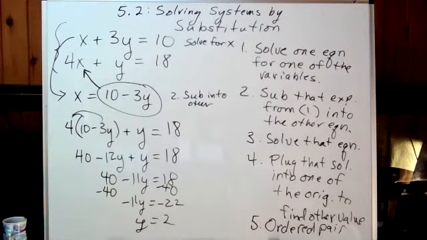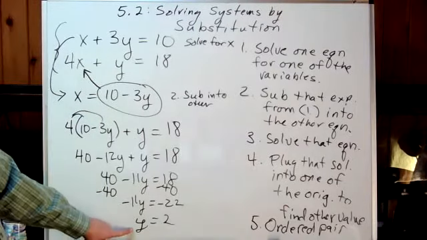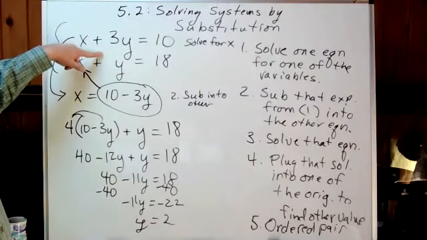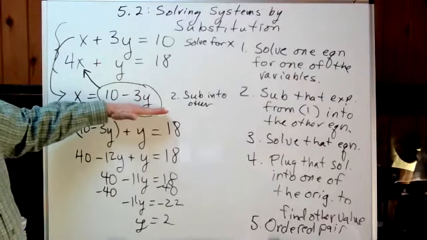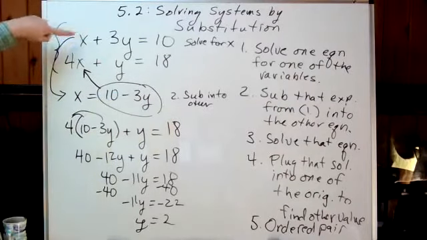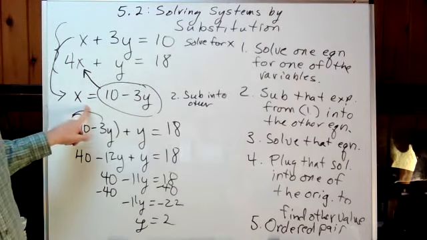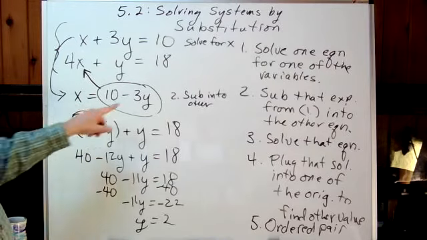Just let me know if you need to jump in. But now I have to find the other variable. I know the y value, I need to find the x value. You can go back to any one of the equations that you developed from the originals. I could use the first one, the second one, or this one, which is the same as the first one, and it already tells me what x is going to be if I plug in the y.